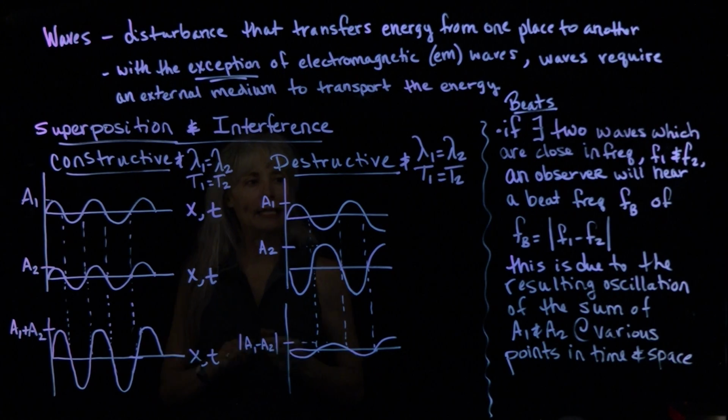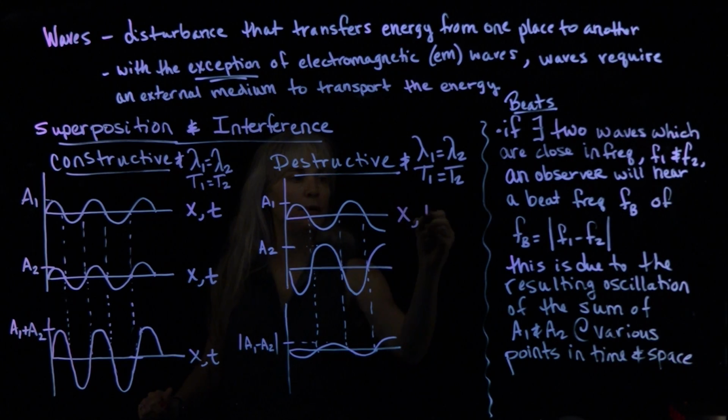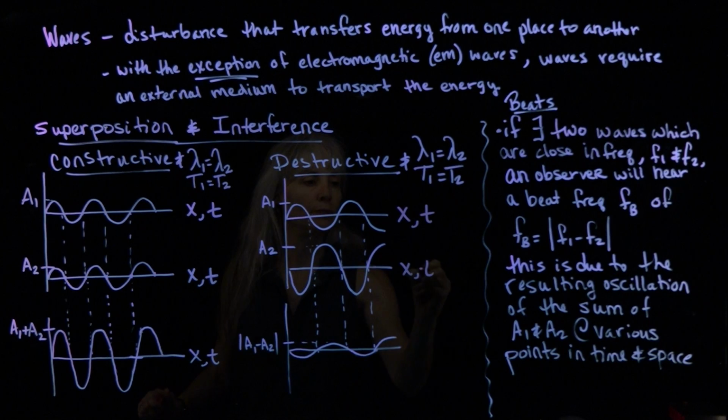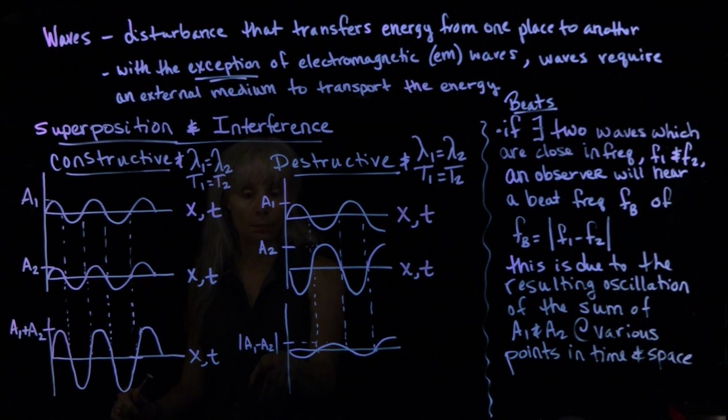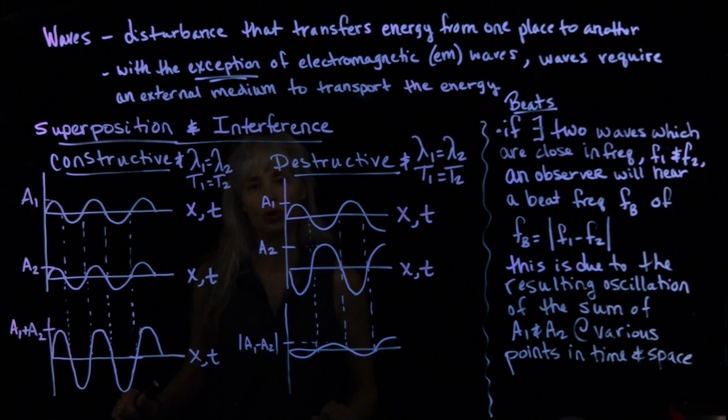What you see, and again, this is space and time on the horizontal. What you see if these two waves are coinciding in the same space at the same time, with one's crest aligning the other's trough and vice versa, is a wave of the same frequency and period whose amplitude is the difference of the two amplitudes A1 and A2.